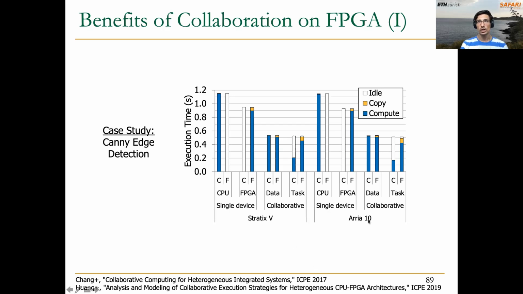So for the two FPGA-based systems, we have here a comparison of the execution time of single device execution, either on CPU or on FPGA, and the collaborative execution, either using data partitioning or using task partitioning. As we can see, there is a clear performance improvement from the collaborative execution, and in this particular workload, the total execution time is similar for both the data partitioning and the task partitioning strategies.